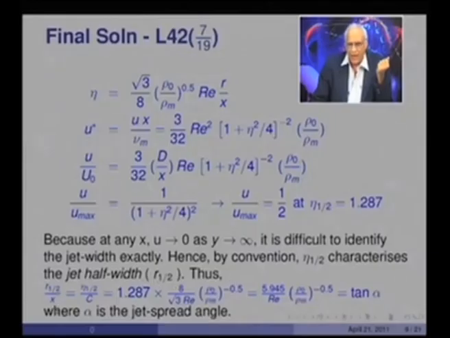So, r half by x will be eta half divided by c equal to 1.287 by root 3 by 8 Reynolds, rho naught by rho m raised to minus 0.5, equal to 5.945 divided by Reynolds, rho naught by rho m raised to minus 0.5, and that is nothing but tan alpha, which is what we call the jet spread angle.